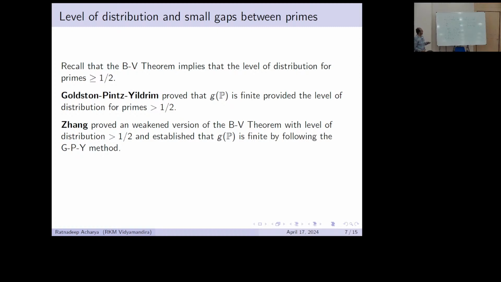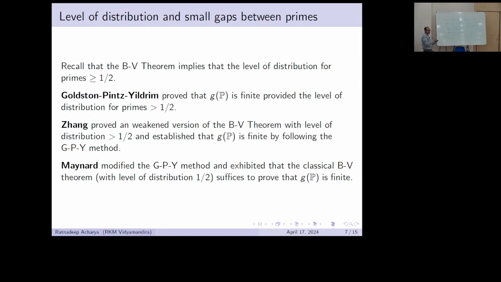While Maynard modified the GPY method and exhibited that the classical Bombieri-Vinogradov theorem with level of distribution half is sufficient to prove that G of P is finite. This is the basic difference between these two works. Both are highly pioneering works.